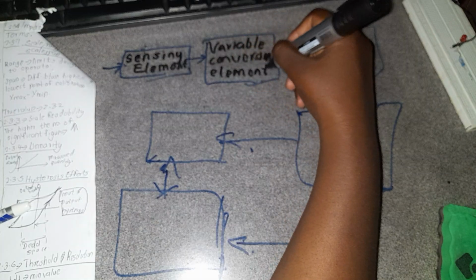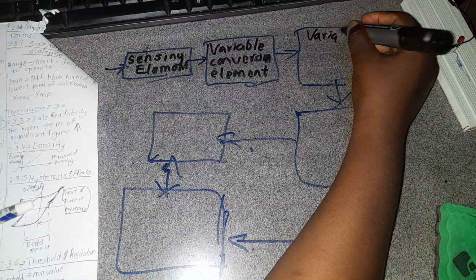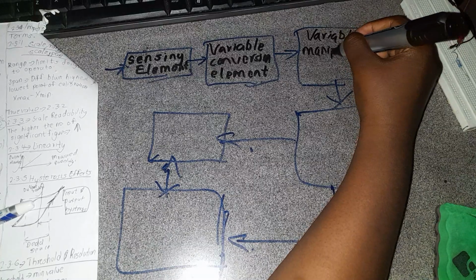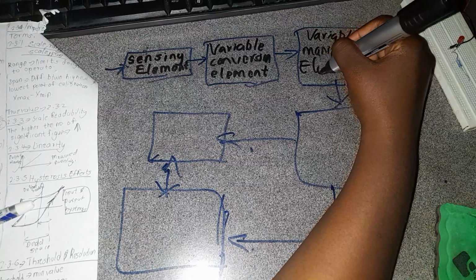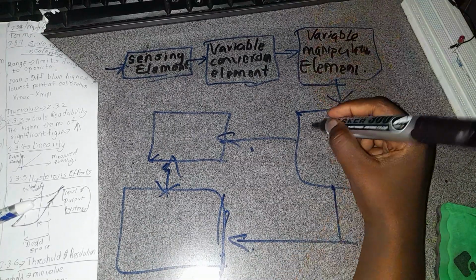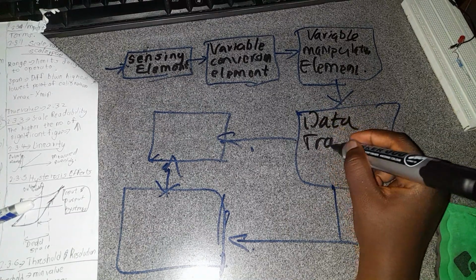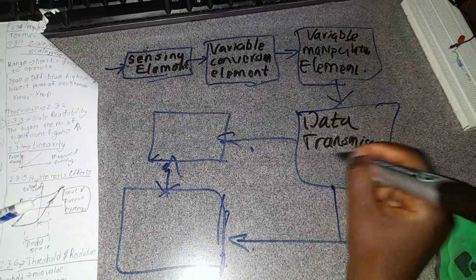After that is converted, what else can we do? We can manipulate it, so we can have a variable manipulation element. After it is manipulated, we can have data transmission as well, the data transmission element.